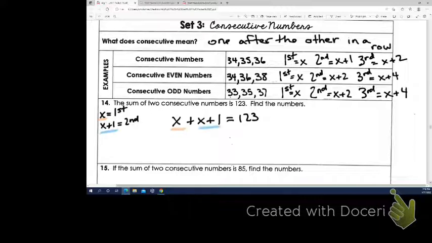And this part represents the second number. And it's their sum, which is why I put the plus sign in between them. Combine those like terms, subtract, and divide. So when we divide that by 2, I get x is 61.